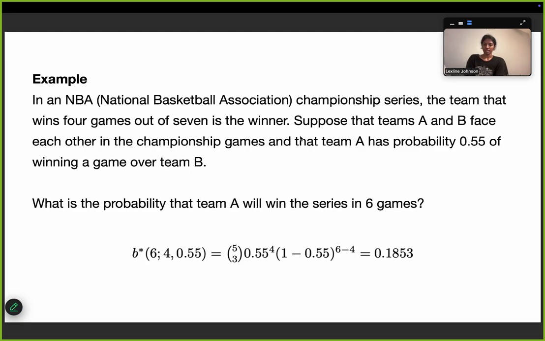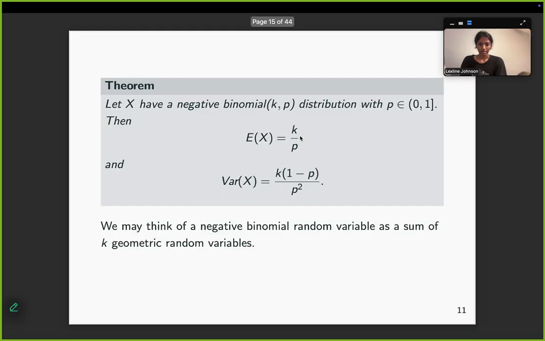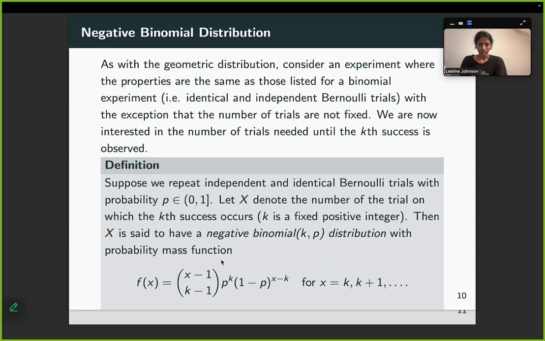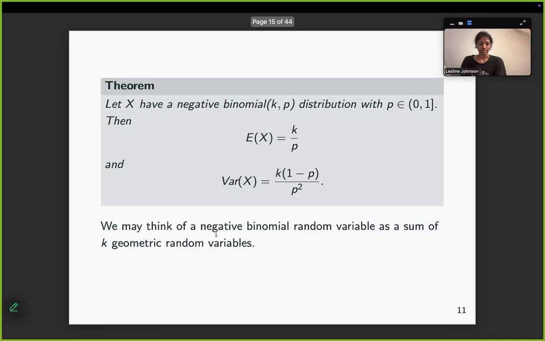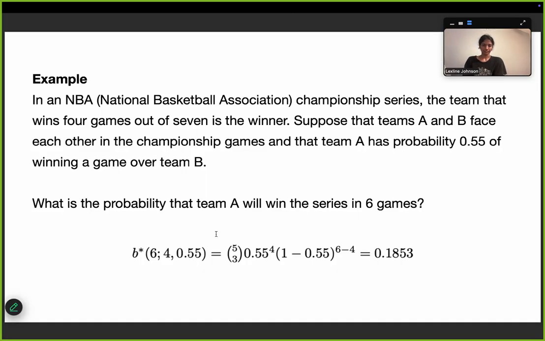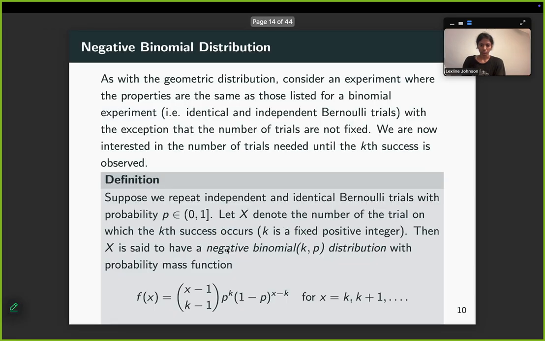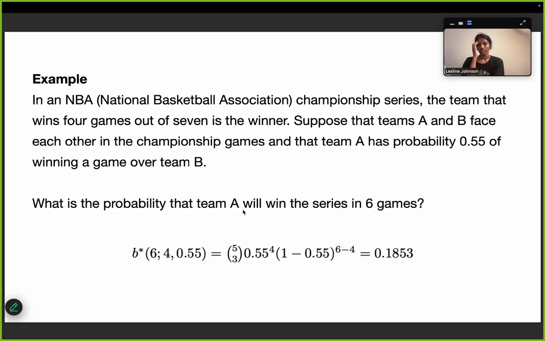So first we need to figure out what our variables are. If team A wins the series in 6 games, that would mean that team A needs to win 4 of the games, and our x, which will be our trial with the kth success, would be equal to 6, and so we can just plug it into our formula.